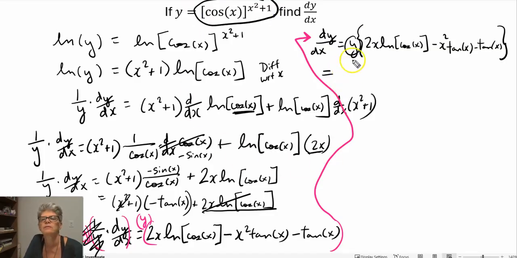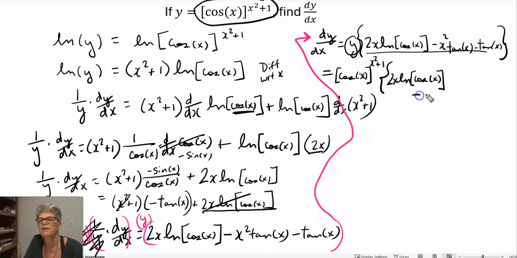So this will equal cosine of x, all raised to the x squared plus 1, and then times all of this. And minus x squared tan x and minus tan x.